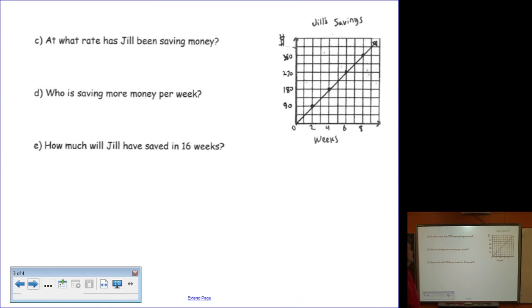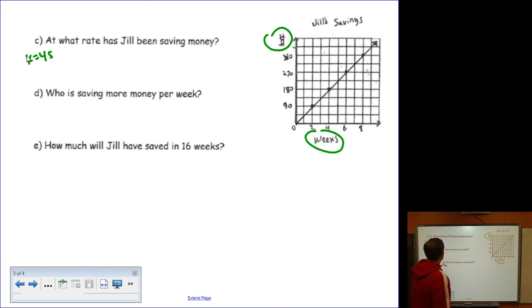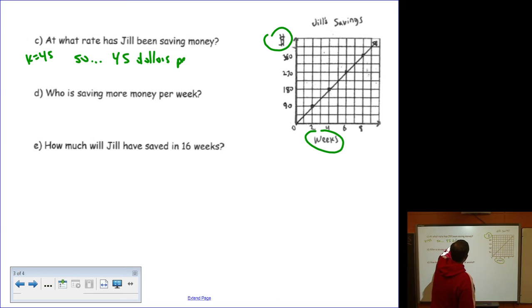Part C says, at what rate has Jill been saving money? Well, we just saw that Jill's k value was 45, right? And that'd be 45 y units per x units, or dollars per week. So $45 per week.